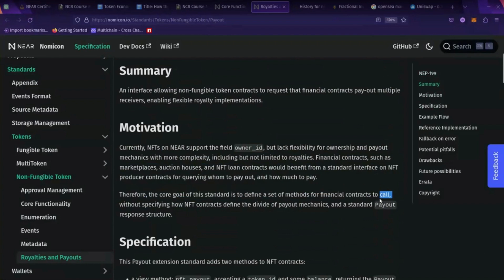Remember, these are just methods that can be called on contracts without specifying how NFT contracts define the divide of payout mechanics, and a standard payout response structure. With standards, they're not trying to get into the nitty-gritty of how applications want to do things. They're trying to create a standard that everyone can build on top of. And we see the standard in action, and I'll show it as we go through the homework a bit later.